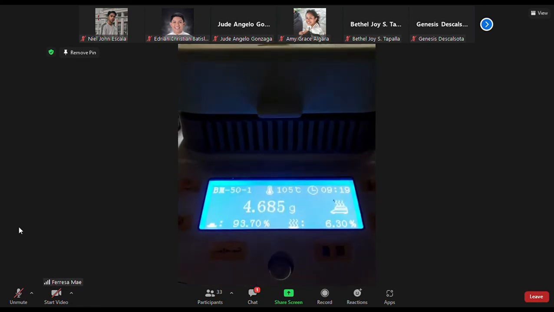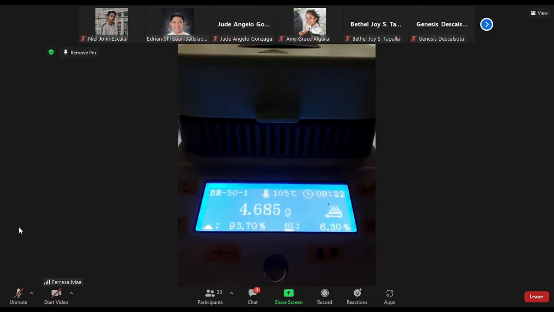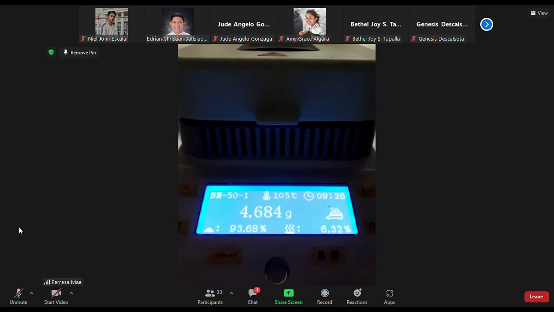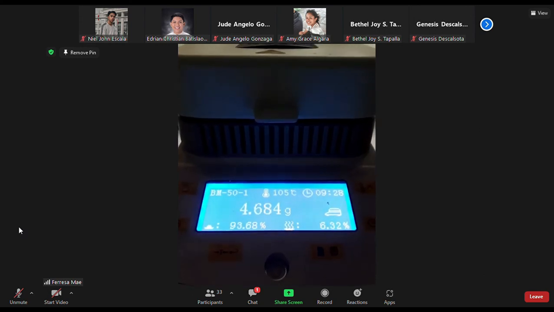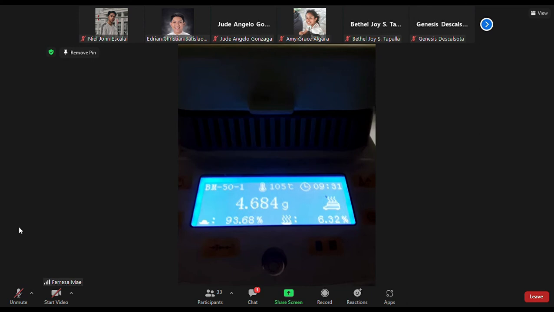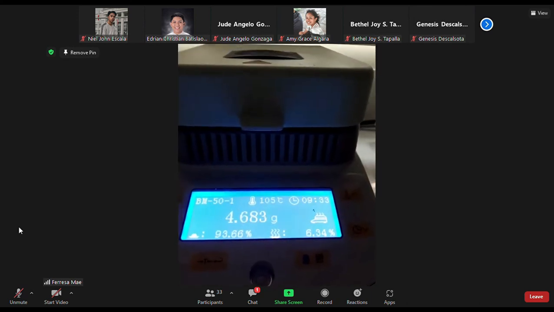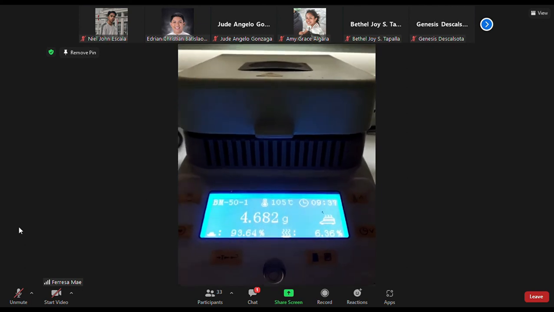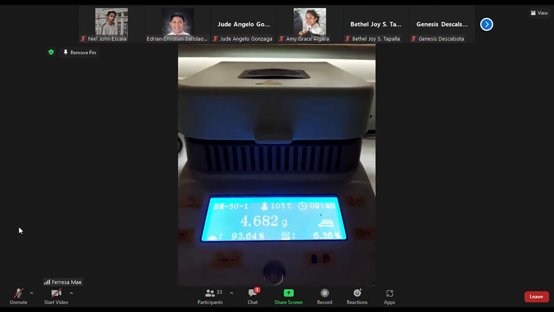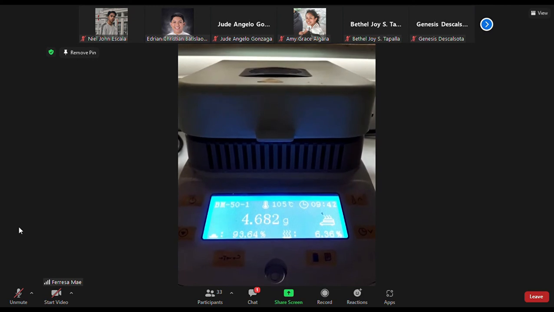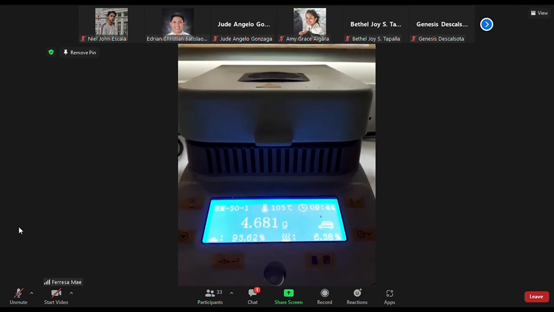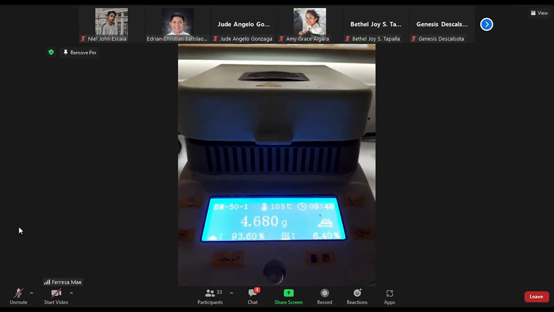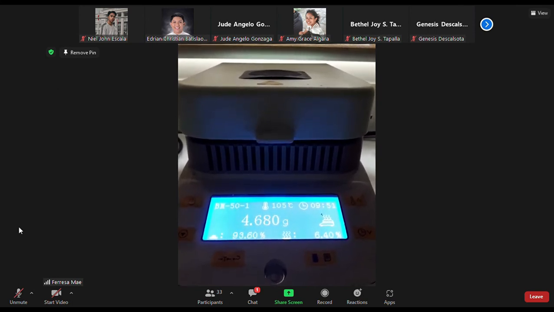Yes? Di ba Miss may formula na magsuma sa moisture content sa oven drying method, Miss? Bali Miss lain man kung isumahon namon Miss ang using the rapid moisture, lain na ang results with sa oven.